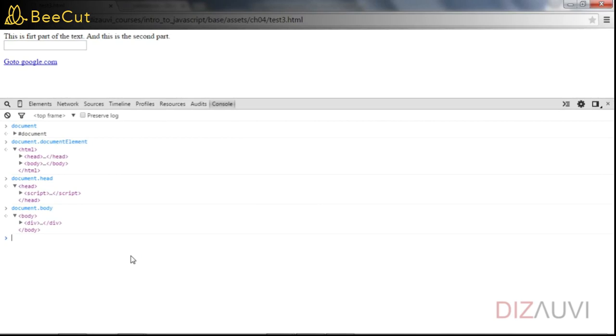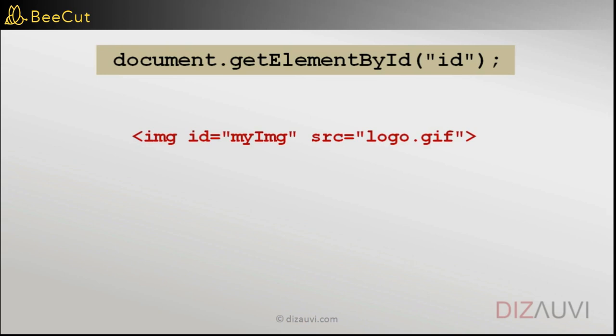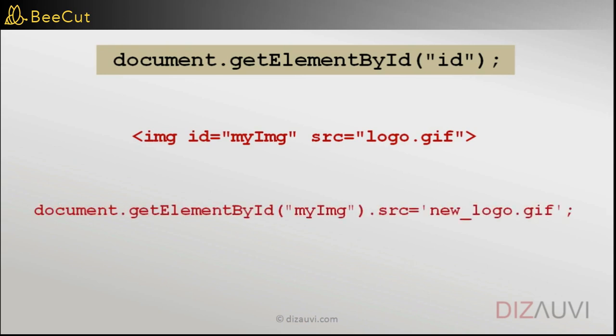Let's look at some of these methods. The most common way is to access an element by its ID. So the DOM API provides a method getElementById, which accesses an HTML element and returns that. For example, if in an HTML we had this image element, we can access it by saying document.getElementById and pass the ID, which is myImage.